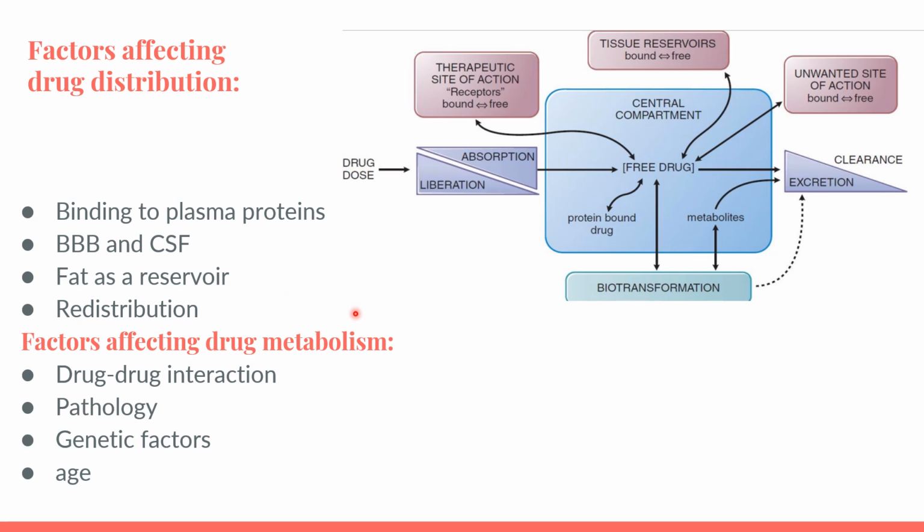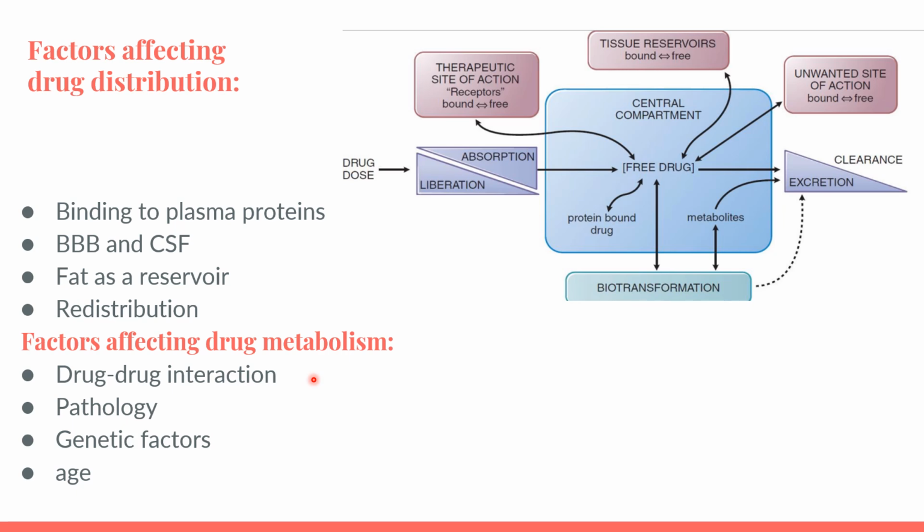Factors affecting drug metabolism are very wide and numerous. Some of them are drug-drug interactions. Why do we have drug-drug interactions? Because inside the liver, we have proteins and enzymes that are involved in the metabolism of drugs.